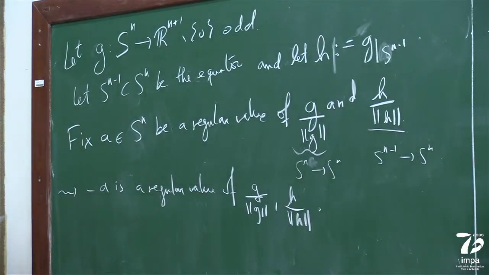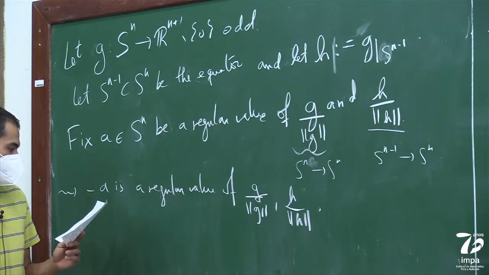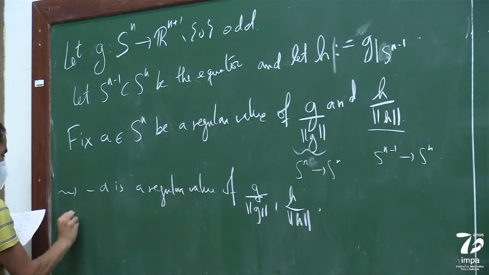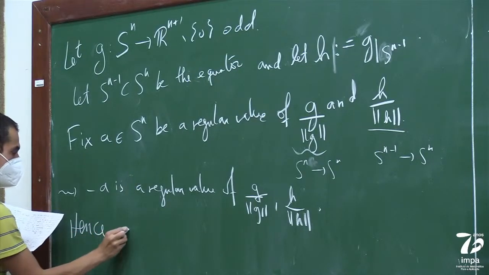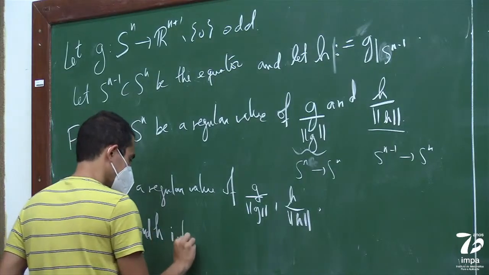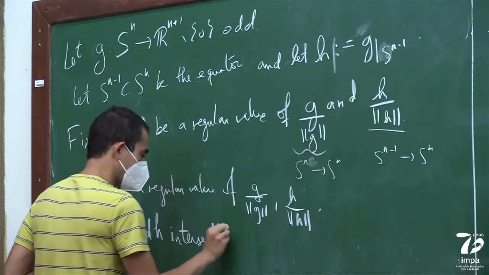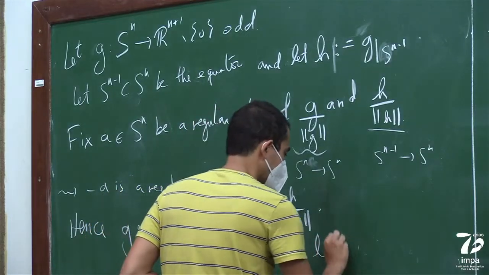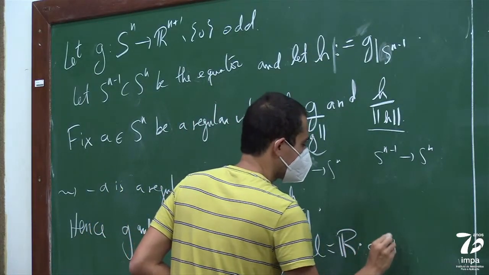And the other thing is, moreover, so hence, g and h intersect the line L, the line generated by a, transversely.